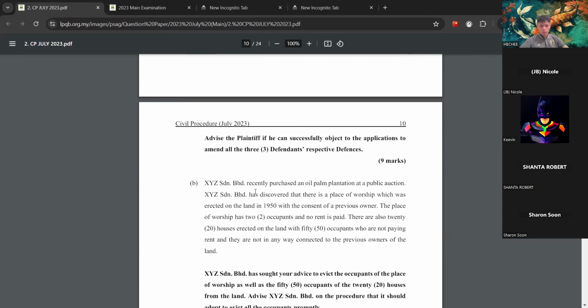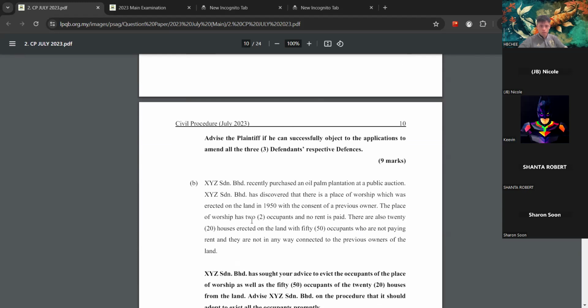Okay, now B. XYZ recently purchased an oil palm plantation at a public auction and discovered a place of worship erected on the land in 1950 with the consent of a previous owner. The place of worship has two occupants and no rent is paid.